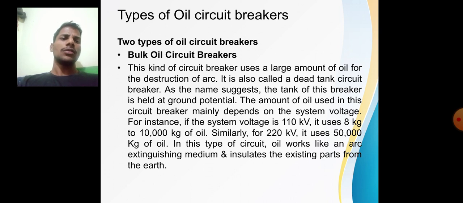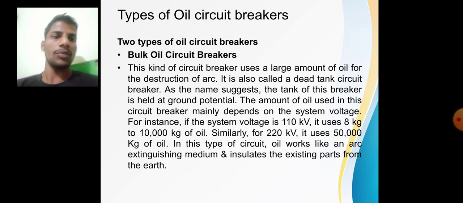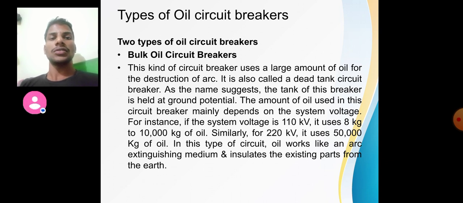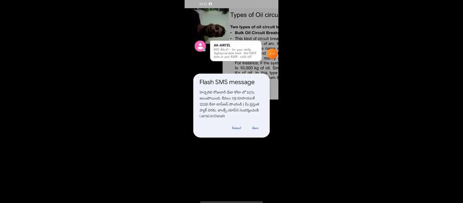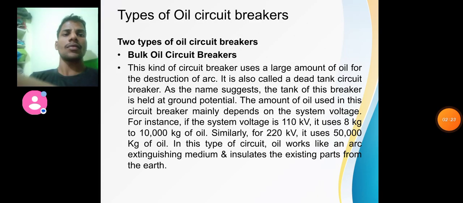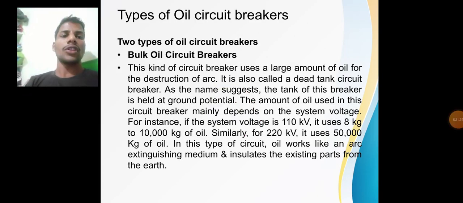The amount of oil used in the bulk oil circuit breaker mainly depends upon the system voltage. For instance, if the system voltage is 110 kV, it uses 8,000 to 10,000 kg of oil.